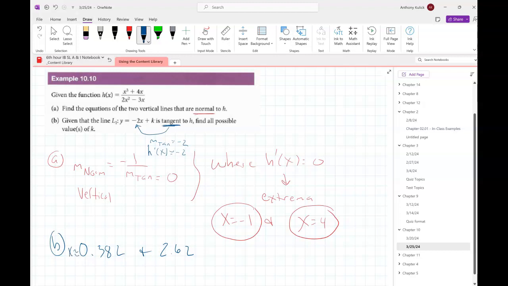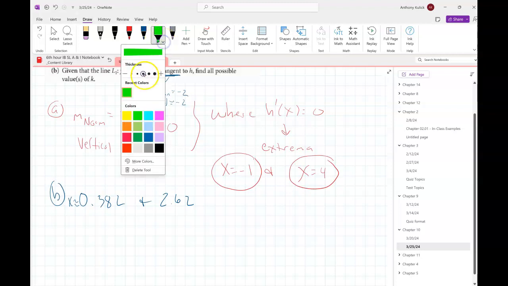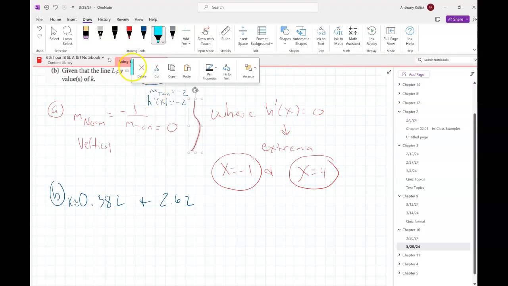Now, was that actually what we're looking for in part B? No. What did we want in part B? Values of k. So what we're going to do, we found our x's that'll give us the proper slope, right? We now need to find the y to go with that specific x.